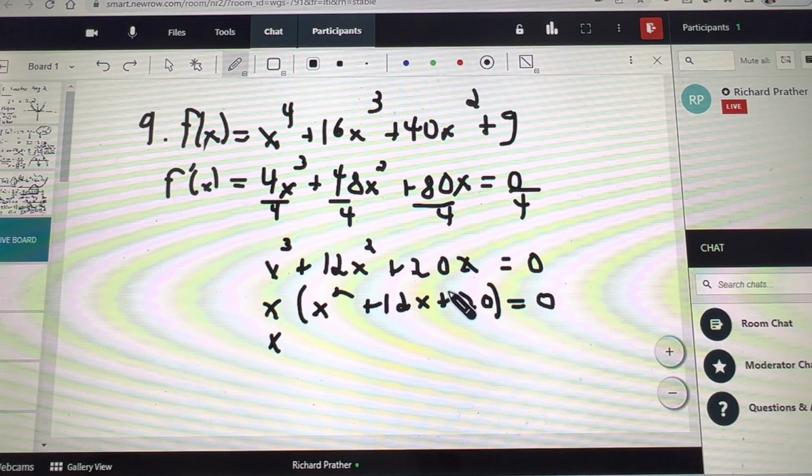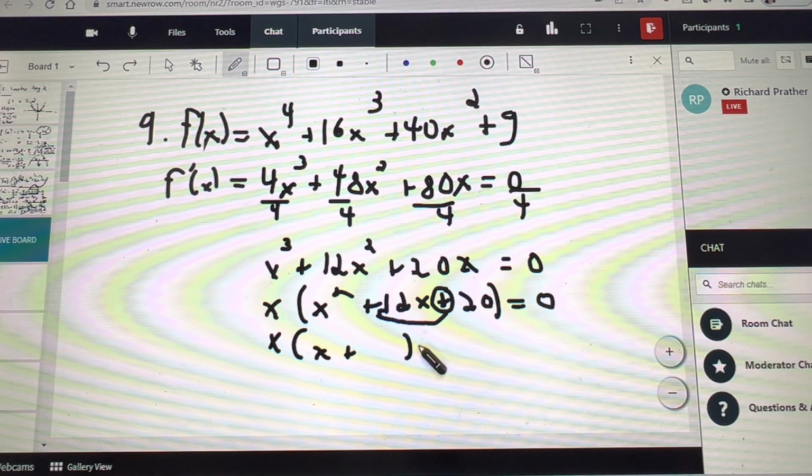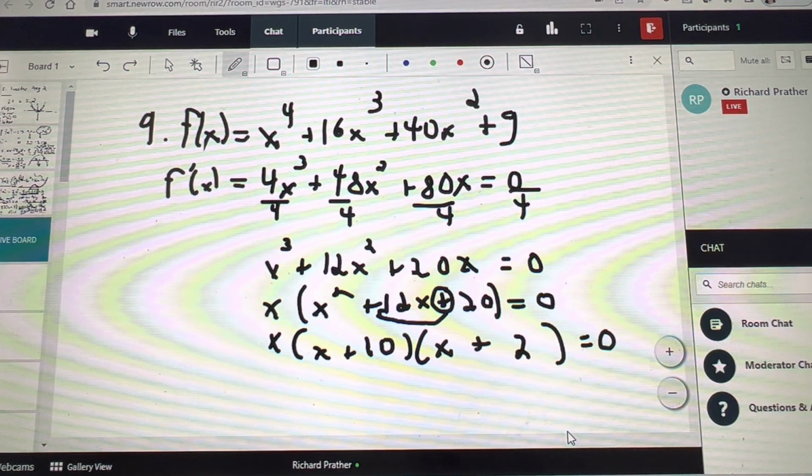And if the last sign's positive, they're both whatever the first sign is. So they're definitely both positive. 5 and 4, maybe you're thinking, but 5 plus 4 doesn't add up to 12. 10 and 2. Oops. 10 times 2 is 20, and 10 plus 2 is 12.